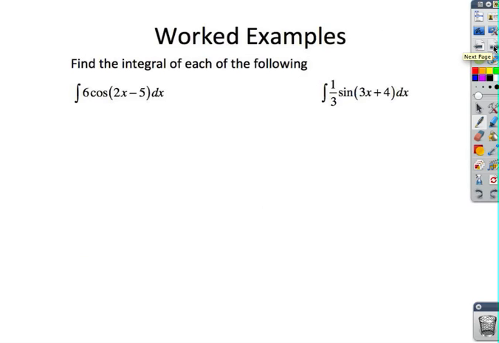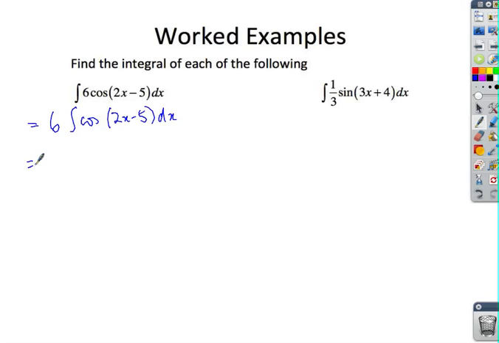So just a couple of quick examples using this pattern. The integral of 6 cos 2x minus 5. Again, if you like, you can use the constant multiple rule. You can take out the 6, and then you're just integrating the function cos 2x minus 5 dx.